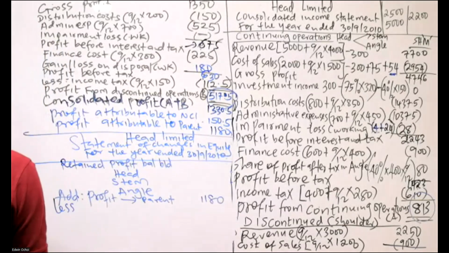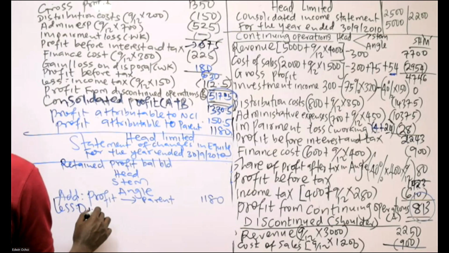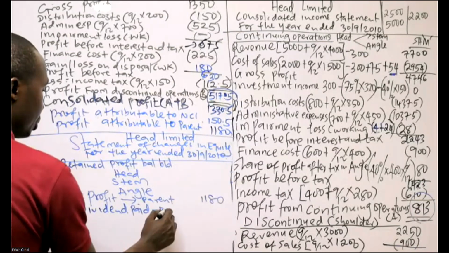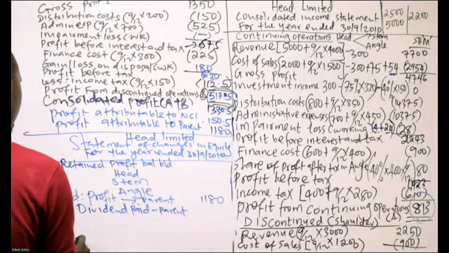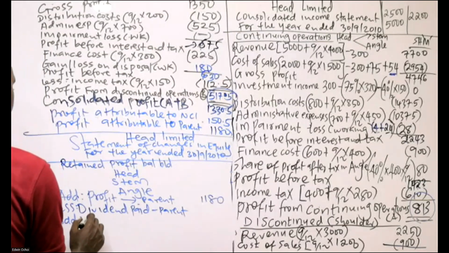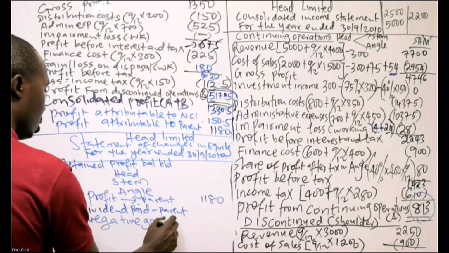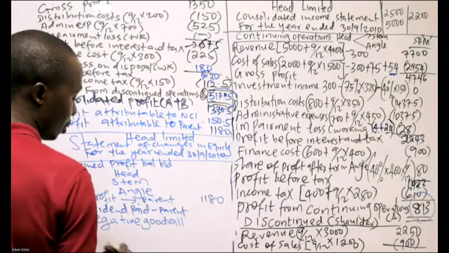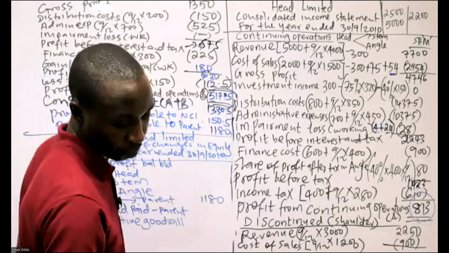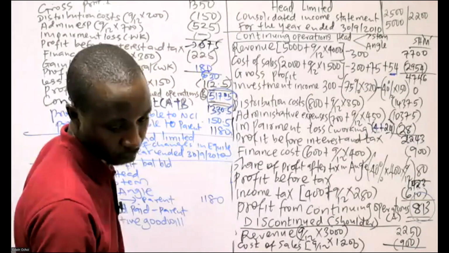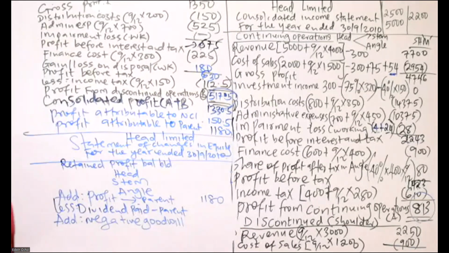Then I have to deduct what? The dividends paid by parent. Then I add back negative goodwill. So the negative goodwill was 50.